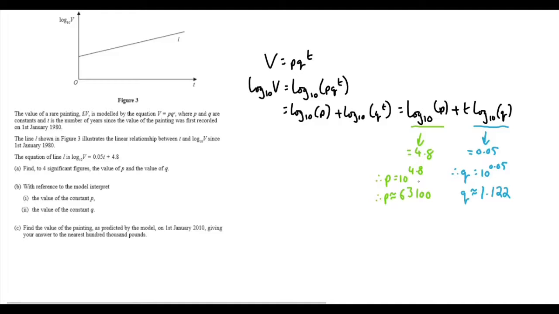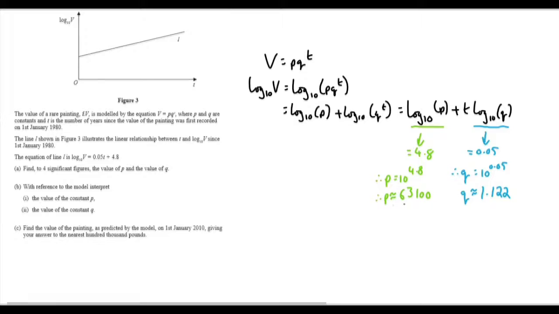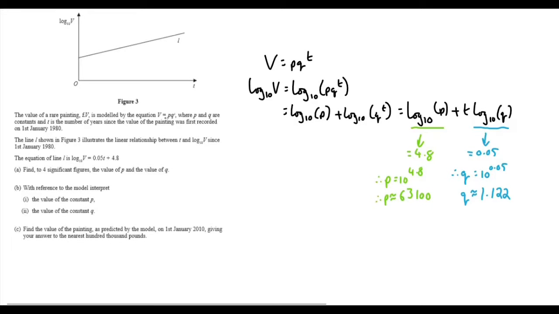Now that we have these, I want to say, with reference to the model, interpret the value of p and the value of q. Well, p is taking the place of the coefficient of your q term in the original expression. If t was to become 0, it's q to the power of 0, which makes that value 1.